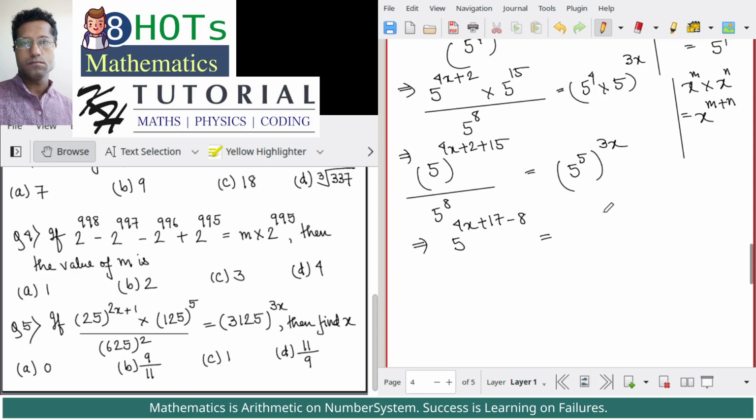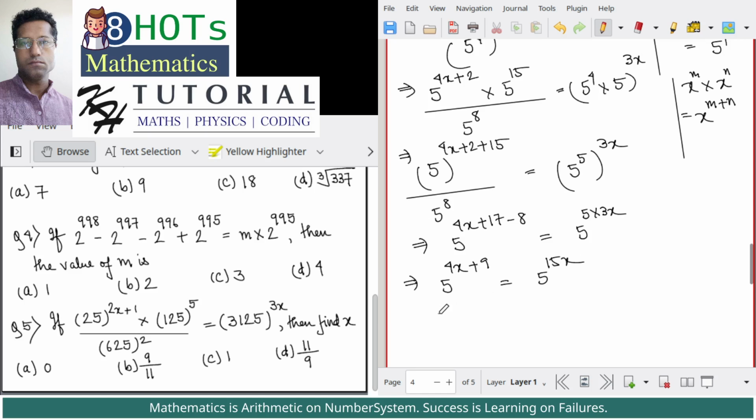The right hand side is 5 to the power 5 whole raised to the power 3x, which is 5 to the power 5 multiplied by 3x. So this implies we have 5 to the power 4x plus 17 minus 8, which is plus 9, equal to 5 to the power 15x.